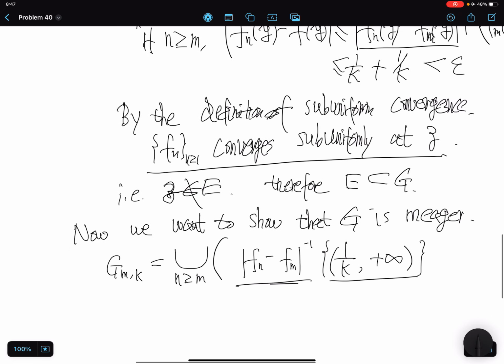But this is continuous for any n and m: f_n minus f_m is continuous. So the pre-image of an open set under a continuous function is open. That's by definition, right? So G_mk is open.